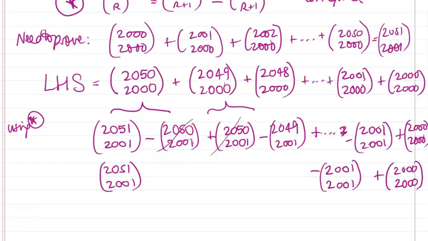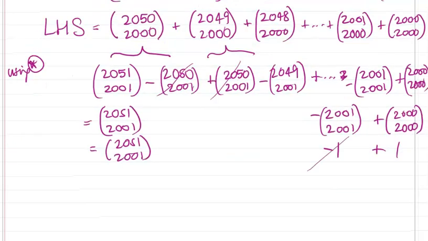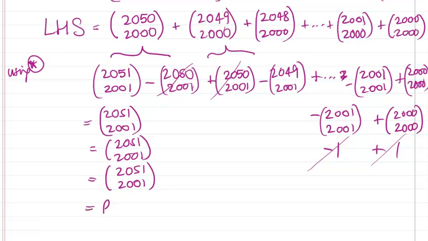And those final two terms are just minus 1 plus 1, so they'll go away. I'll just be left with 2051 choose 2001, which is the right-hand side as required.